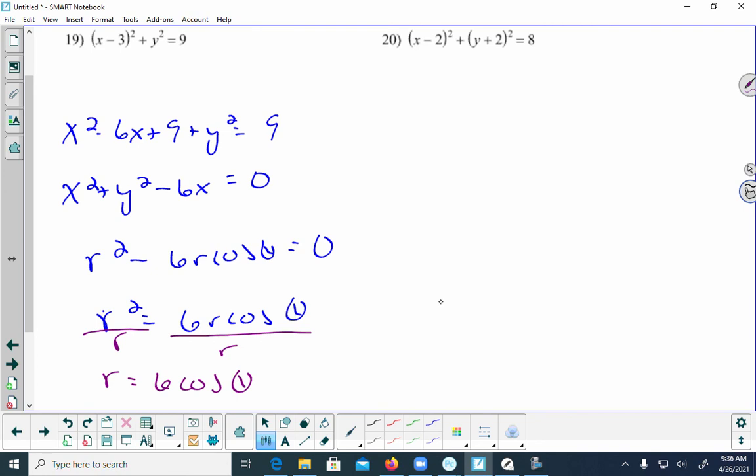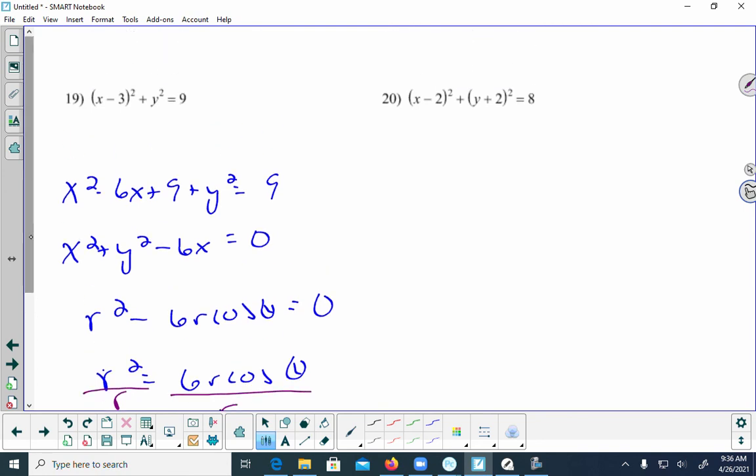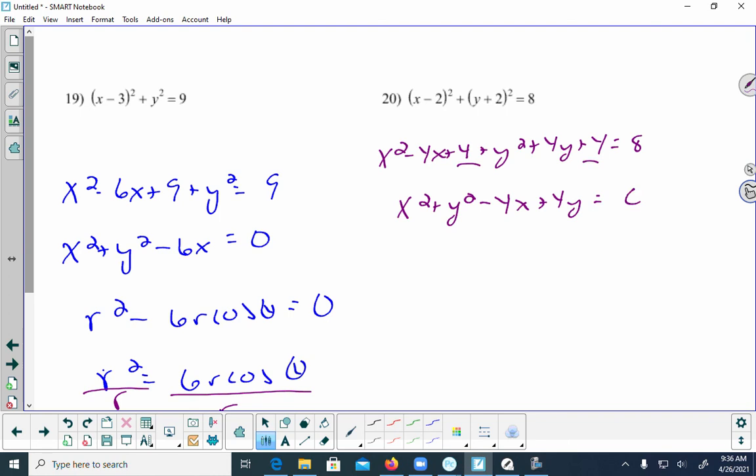The next one, I'm going to do the same thing. x squared minus 4x plus 4 plus y squared plus 4y plus 4 is equal to 8. Put the x squareds together. Minus 4x plus 4y. The 4 plus the 4 is 8. Minus 8 is equal to 0. So this is r squared minus 4r cosine theta plus 4r sine theta, just replacing the x and y's with r cosine and r sine, and the x squared plus y squared with r squared.